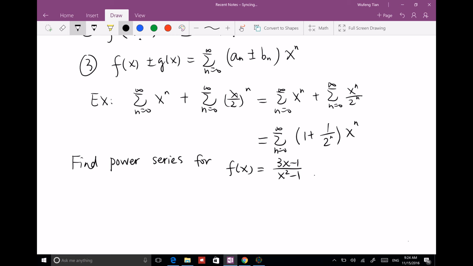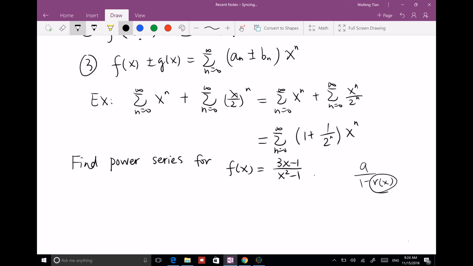So here, can anyone tell me what do you think? What do you think I need to do for this one? I need to change it into a over 1 minus r, right? But a function like this is fine if there's no x on top, that's perfect.